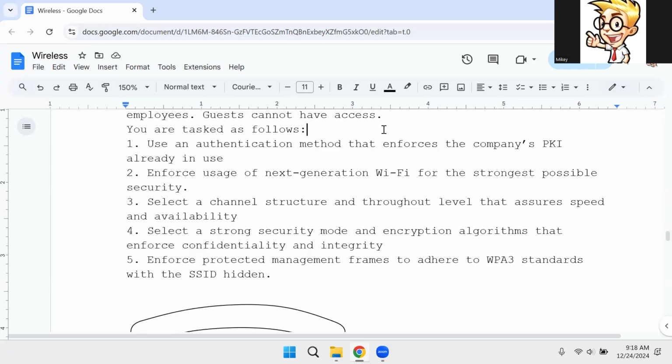Select a channel structure and throughput level that assures speed and availability. Select a strong security mode and encryption algorithm that enforce confidentiality and integrity, enforce protected management frames to adhere to WPA3 standards with the SSID hidden.